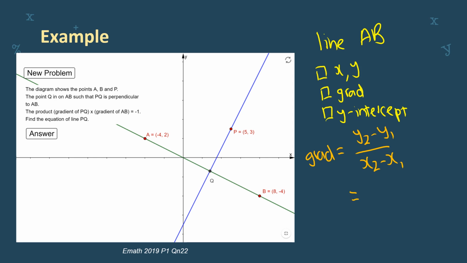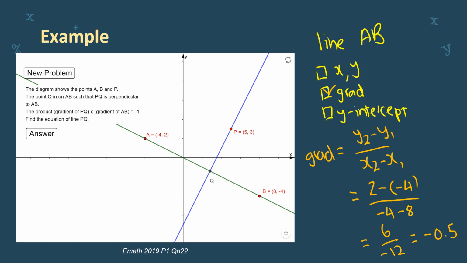So y2, which is A, we're going to take 2 minus -4 over -4 minus 8. And this would give us 6 over -12 equals -0.5. So now we have the gradient, which is -0.5.